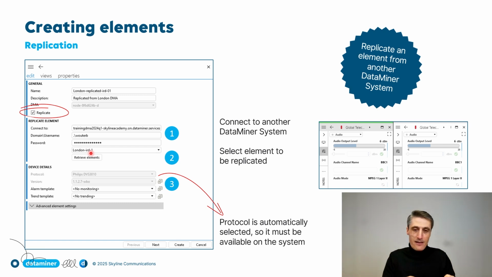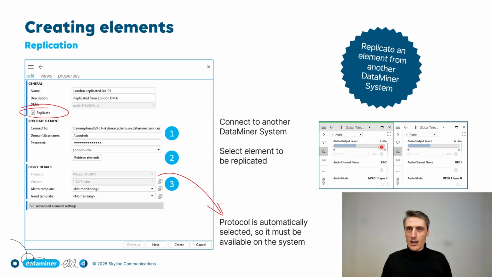Sometimes this is used where you have like regional DataMiner systems, and then you could have like a top-level system, and the top-level system could replicate information from the regional systems. That's like a use case that can happen. So do note that whenever you are replicating an element, the protocol will automatically be selected, and it must be present on both systems. And I can choose actually a different alarm template on the different systems.